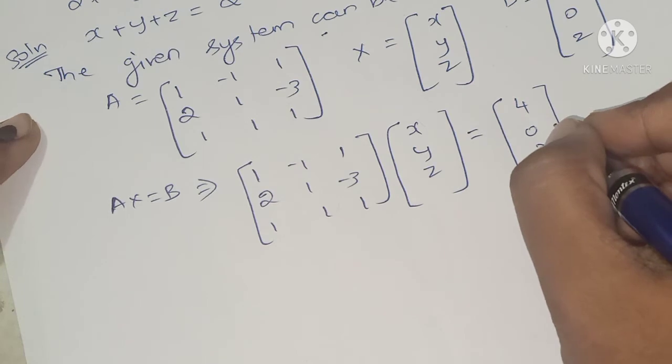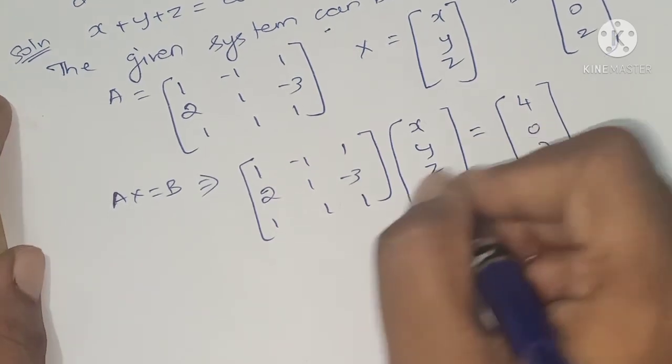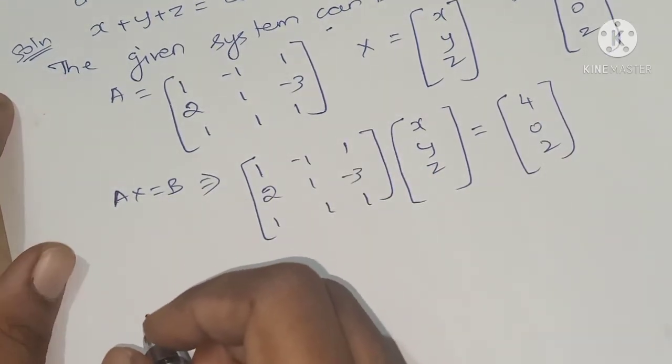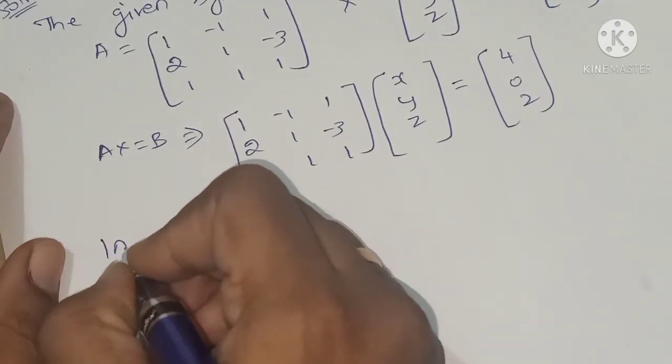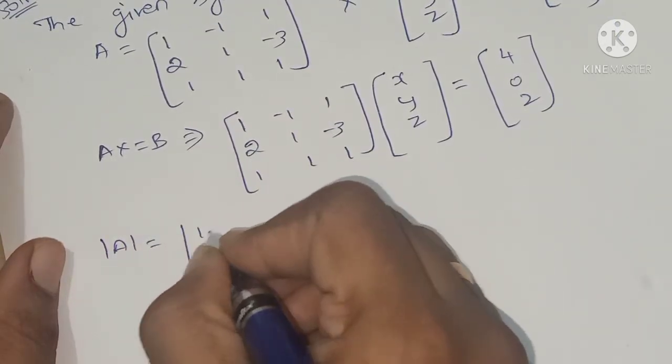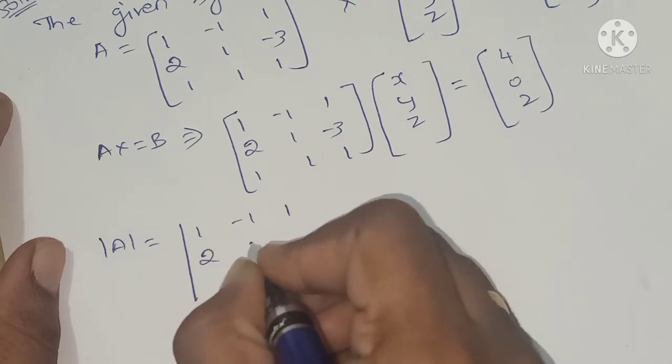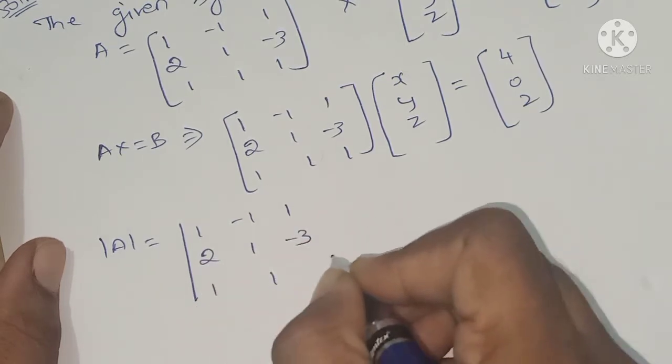Now the very first thing is we have to find the determinant in order to find out what type of consistency. So let us find the determinant of A. Determinant of 1 minus 1 1, 2 1 minus 3, 1 1 1.